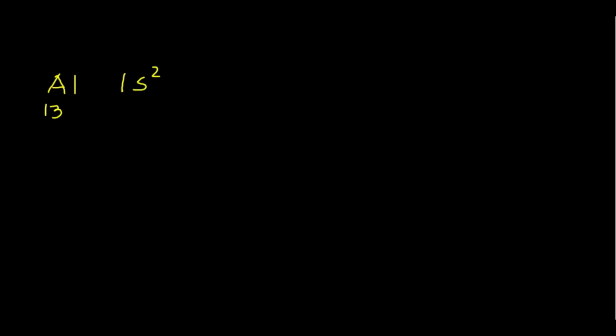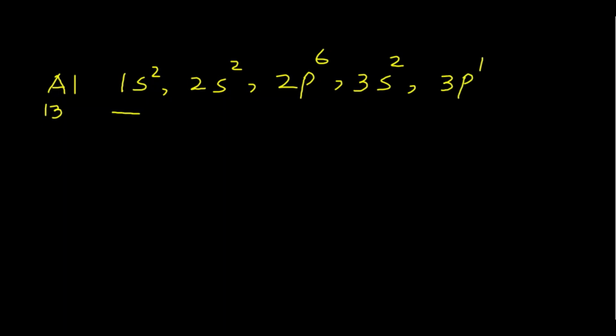1s2, 2s2, 2p6, 3s2, 3p1. Now 1s belongs to K shell, 2s and 2p to L shell, 3s and 3p to M shell.